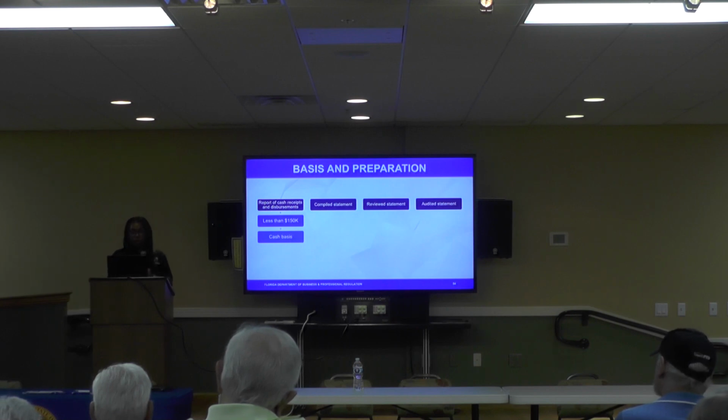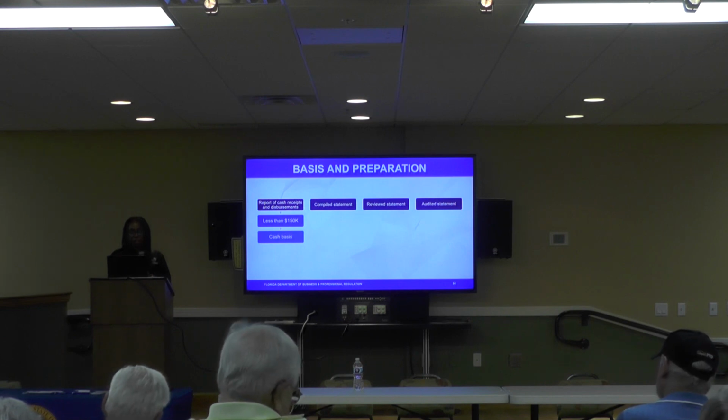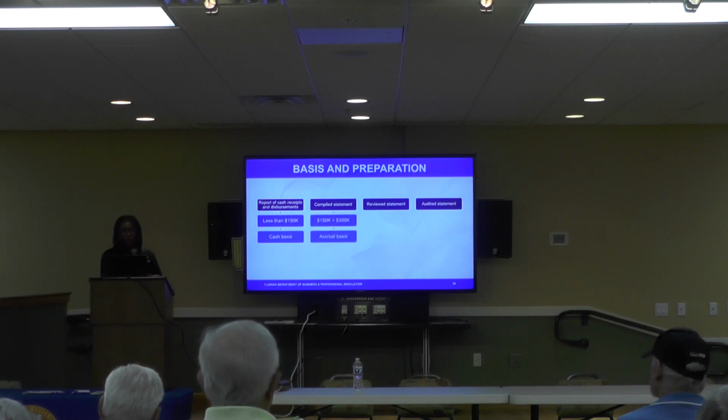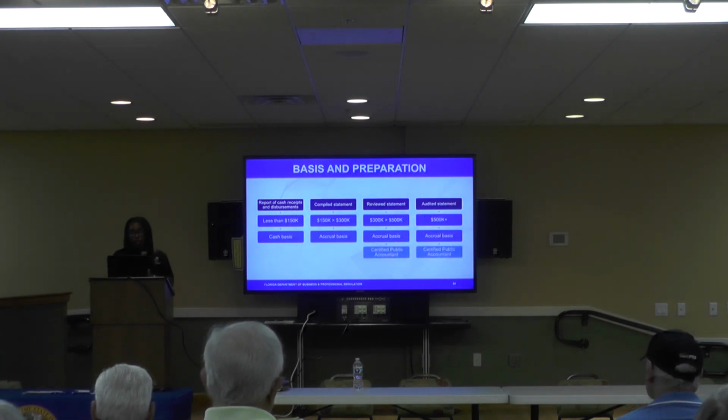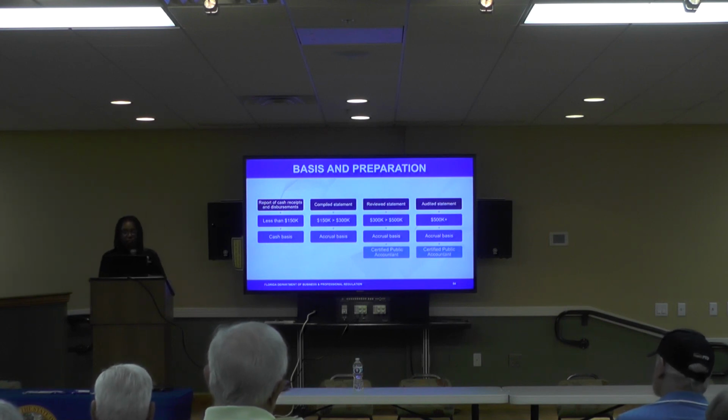The next three are financial statements. All the statements are required to be done on an accrual basis. Compiled statements are prepared when the total annual revenues are $150,000 but less than $300,000. The last two statements, reviewed and audited statements, are required to be prepared by a Florida licensed CPA using the GAAP principles.